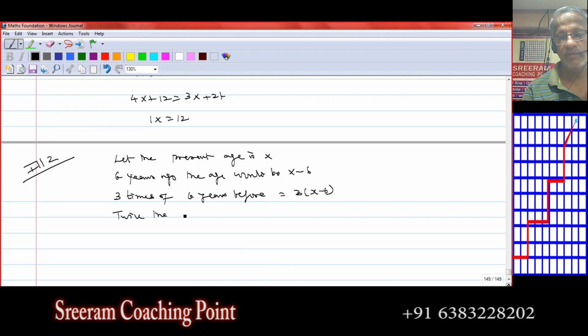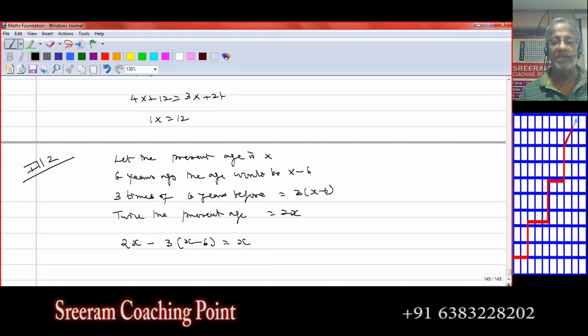Twice the present age is equal to 2x. So from 2x, if you deduct 3x minus 6, you get the present age, that is equal to x.